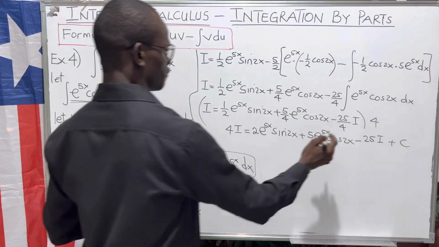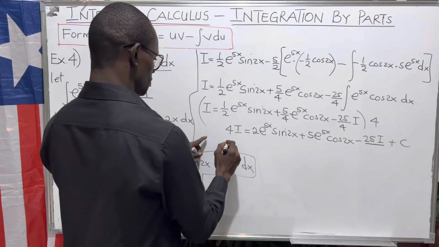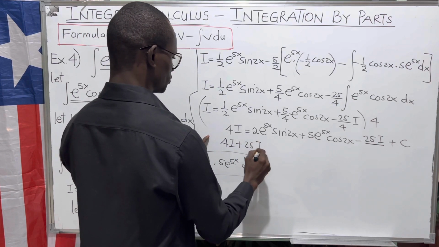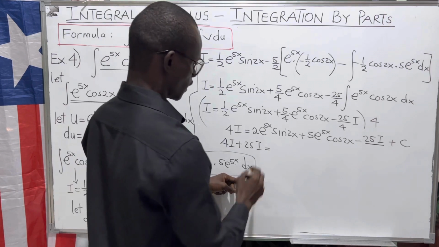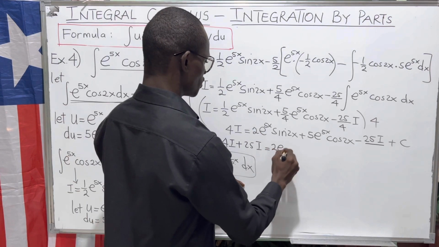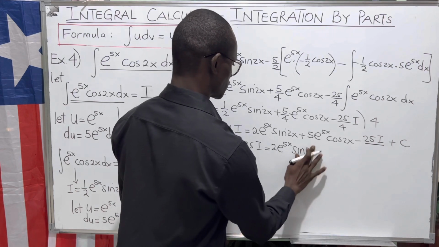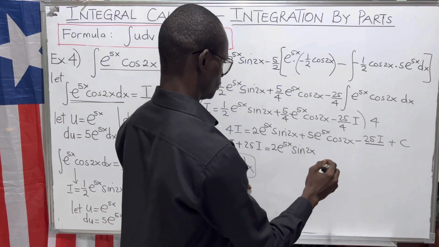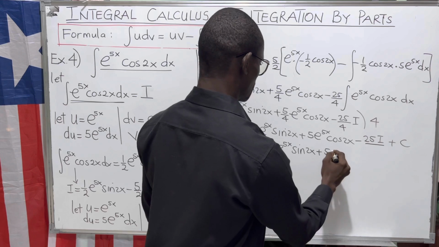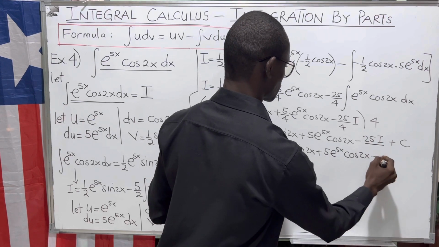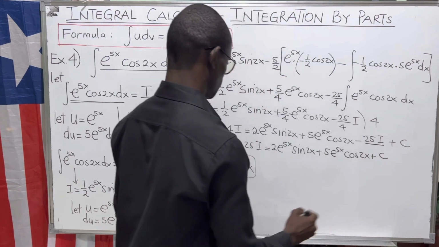I can simplify. This r can come across. It becomes 4r plus 25r equals 2 e raised to the power 5x sine of 2x plus 5 e raised to the power 5x cos of 2x plus some constant c.